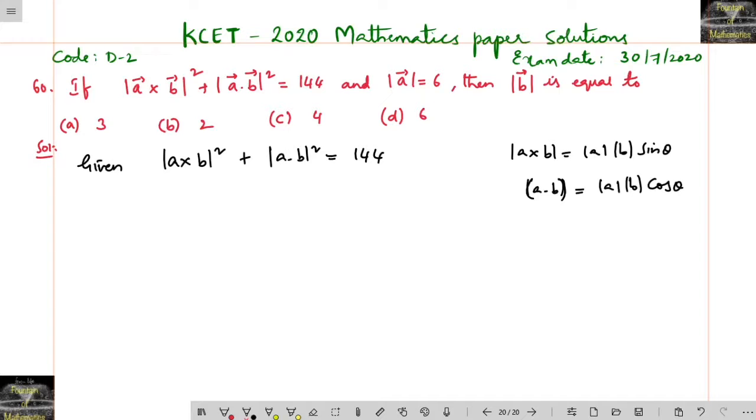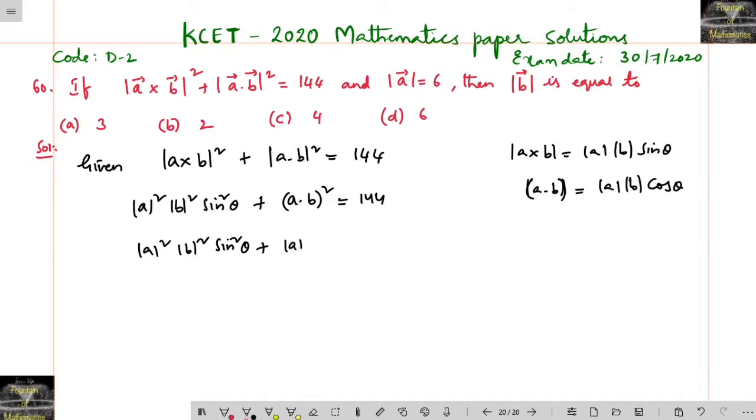So we can write a cross b whole square as mod a whole square into mod b whole square into sin square theta, plus a dot b whole square, which is mod a square mod b square cos square theta, is equal to 144.